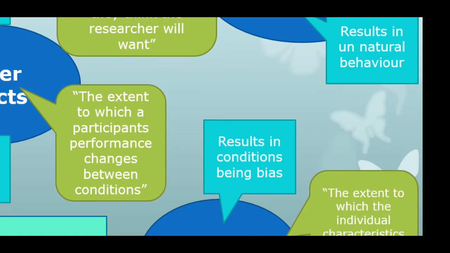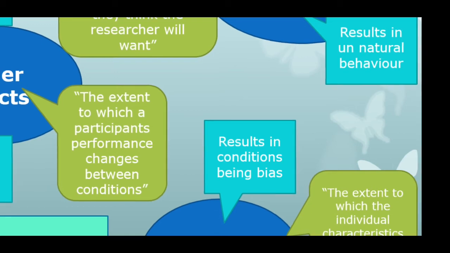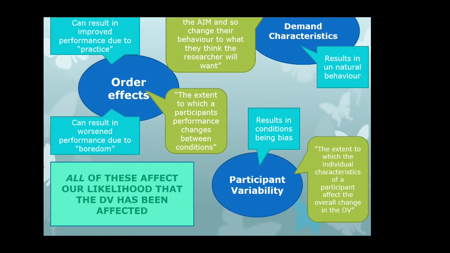Okay, when you impose any sort of random allocation to your conditions, because as we've previously discussed with sampling, chance doesn't always work the way that you want it to, they ordinarily end up being biased, and you can't be certain that your conditions are equally balanced. So one of the weaknesses of independent measures design is that it is high in participant variability. This is because the participants have been randomly allocated to the conditions, which increases the likelihood that they're going to be biased.